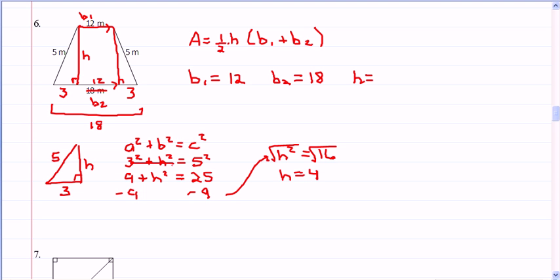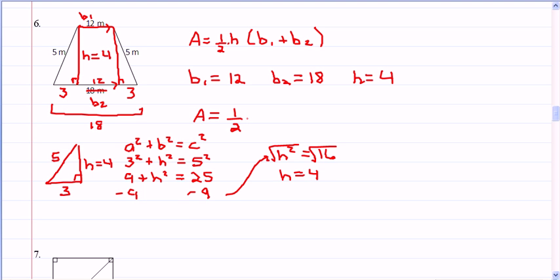So the height of our triangle is equal to 4, and that's the same as the height of the trapezoid. So now we have all of the parts of the formula, and now we can just substitute it into the area formula.